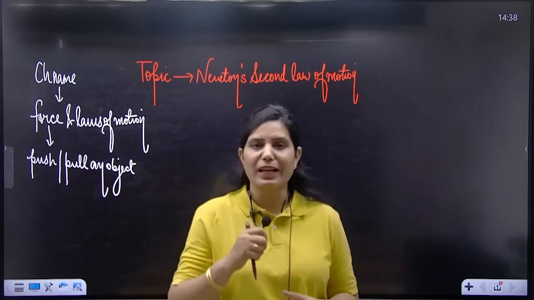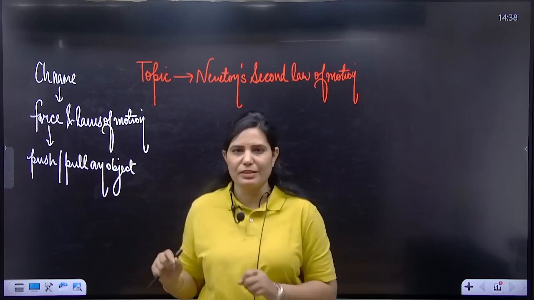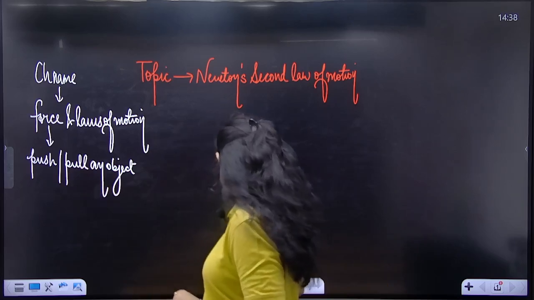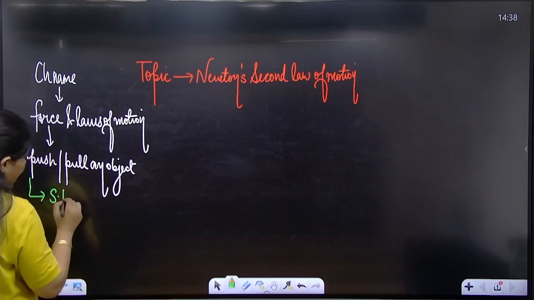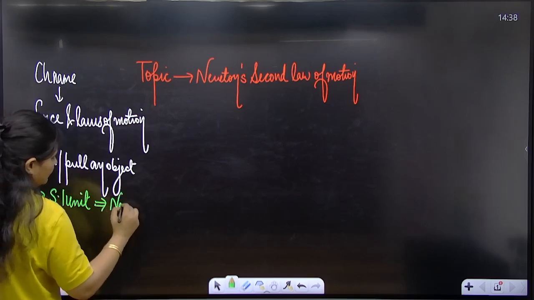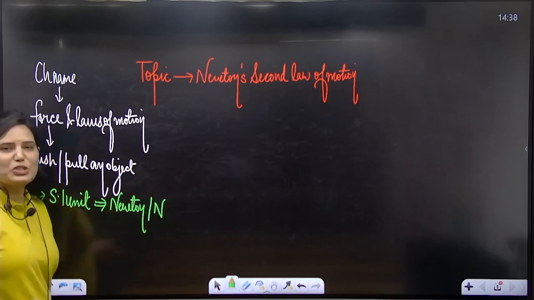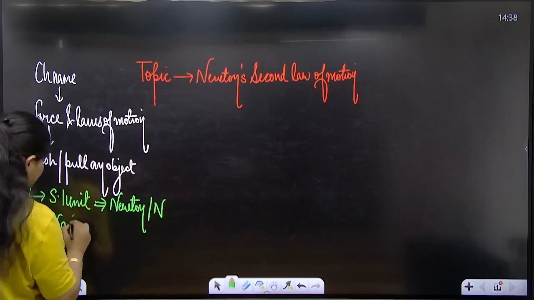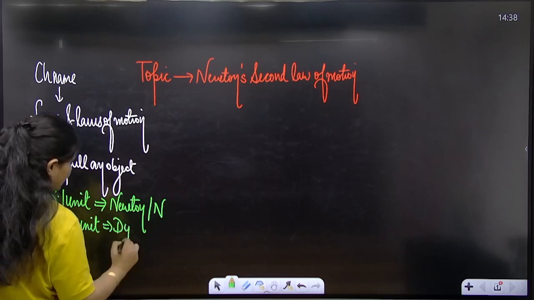And we also know that a force will only come into existence when there is an interaction with the object, right? The SI unit of force is Newton. And the CGS unit of force is dyne.